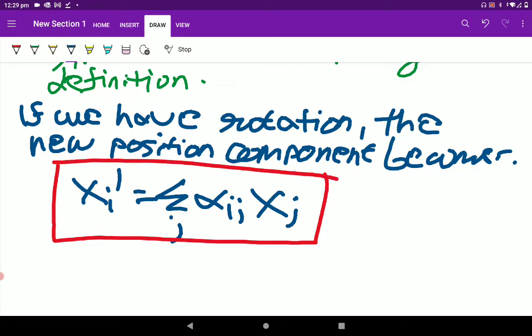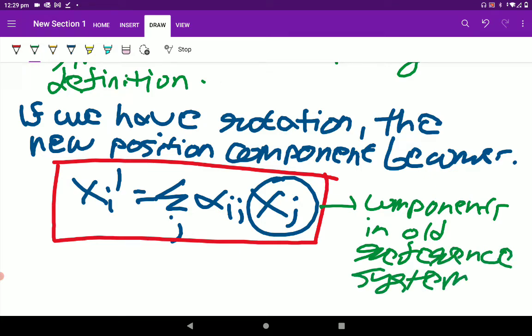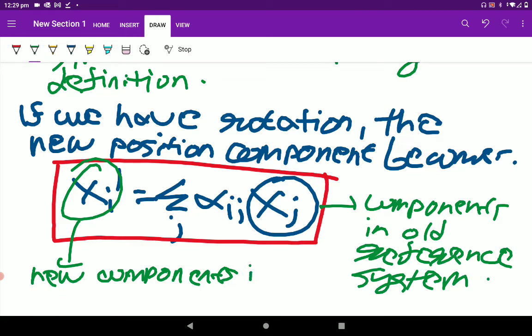So here x1, x2, x3 are the components in the old reference system, that is xj, and x1 dash, x2 dash, x3 dash are the new components in a rotated system of reference.